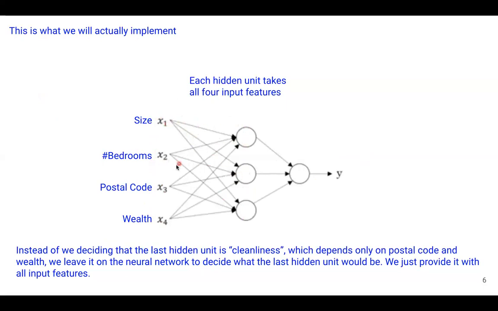So everything is connected to everything else. This is also called fully connected. And then we don't care anymore what these units are actually learning or computing. We totally leave it to the neural network. It computes whatever it wants to compute, learns whatever it wants to learn, and then it outputs the Y.